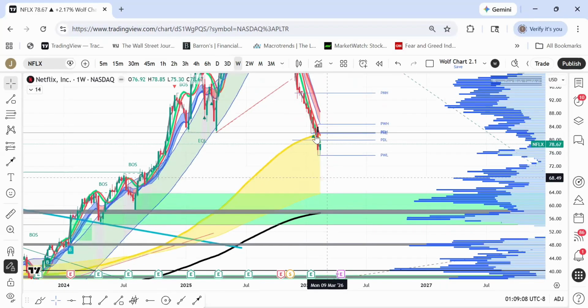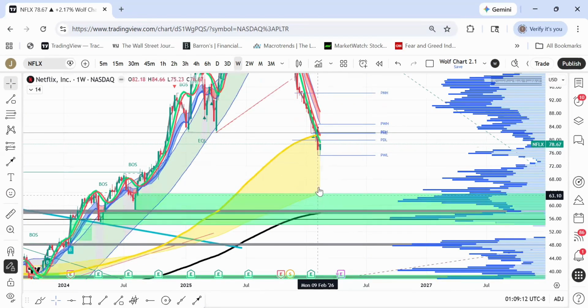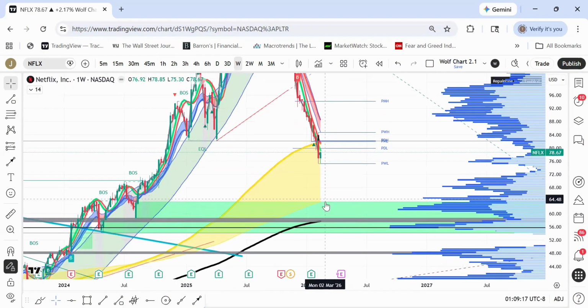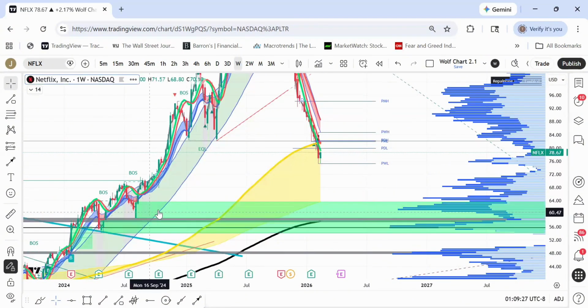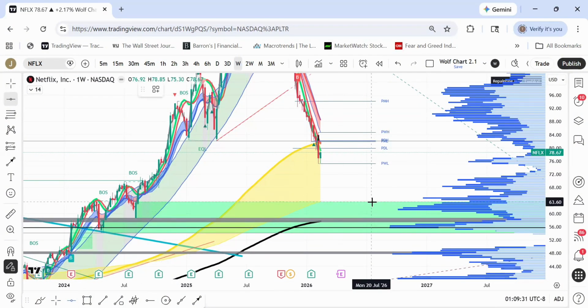If we lose this, we have all this room for them to defend this area. If we come down to this level, this will be at this internal order block that was created August of 2024 at $63.66. So let's put a mark right here.